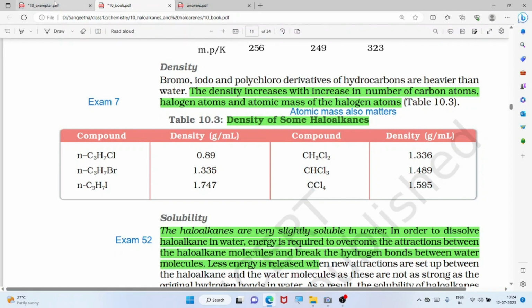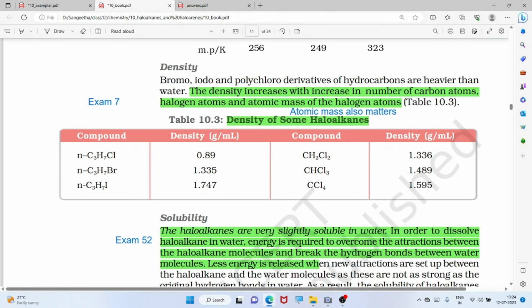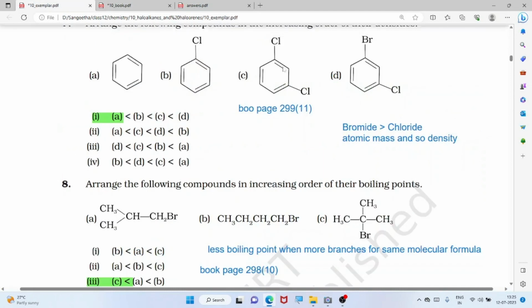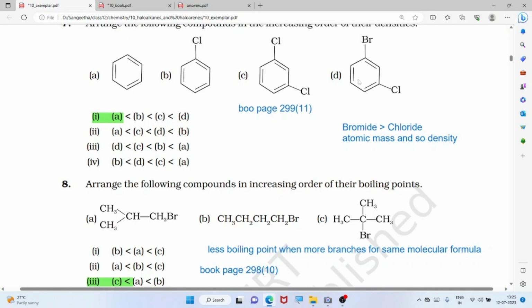The number of carbon atoms is the same here, but we have to consider the other elements also: the number of carbon atoms, halogen atoms, and the atomic mass of the halogen atoms. Here, atomic mass is determining the density, because bromine has more atomic mass than chlorine. Here we have two chlorine atoms, but here we have one bromine.